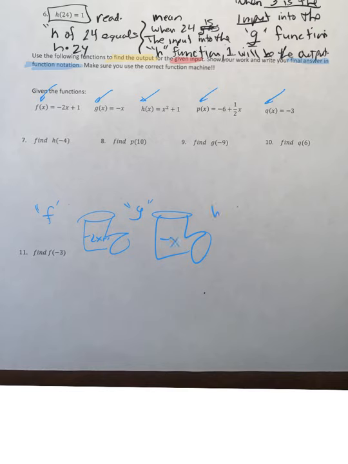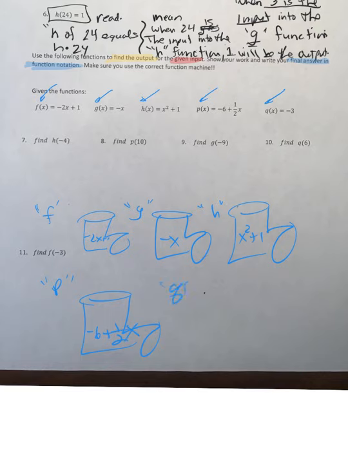And we have the H machine, or H function, and its rule is take the input, square it, and add 1. We have the P machine, and the rule for that is negative 6 plus 1/2 times the input. And then we have the Q machine, which just says negative 3. So we're doing it without pictures, so let me get rid of the pictures.